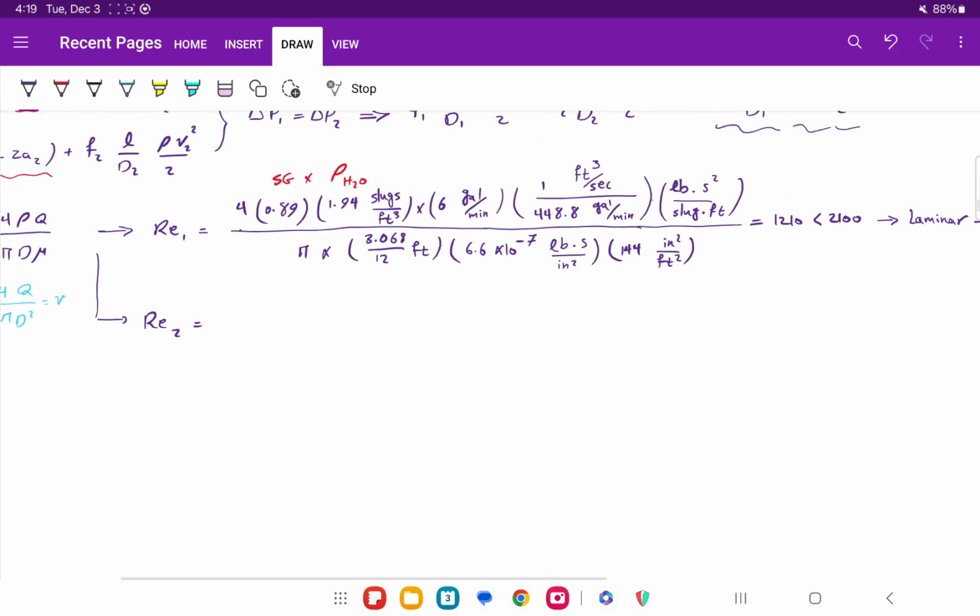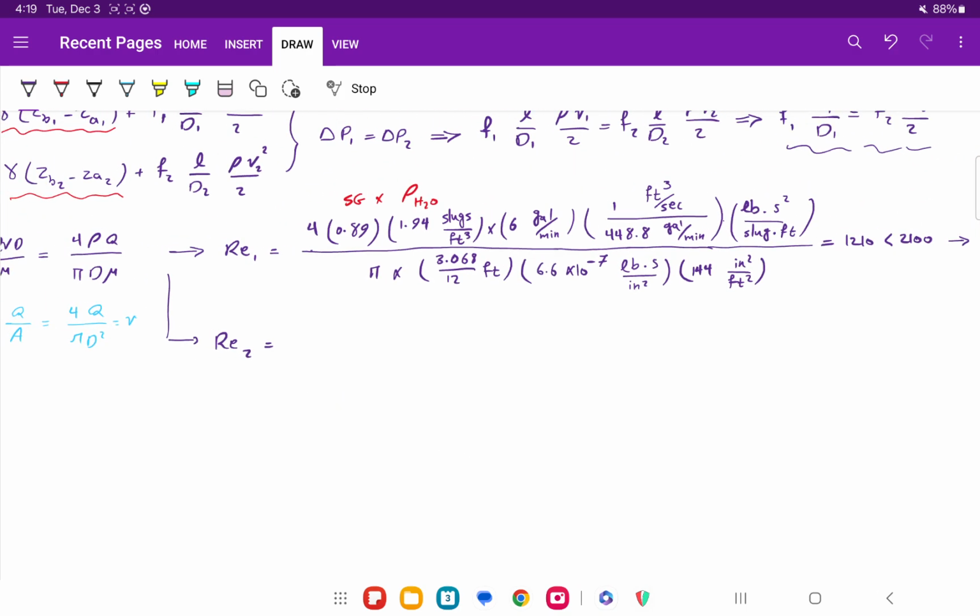The Reynolds number for the second situation, we don't have diameter. We have rho Q mu, but we don't have D2. So what should we do? We should assume that the flow is laminar. So we should use this assumption, assuming that the flow is laminar.